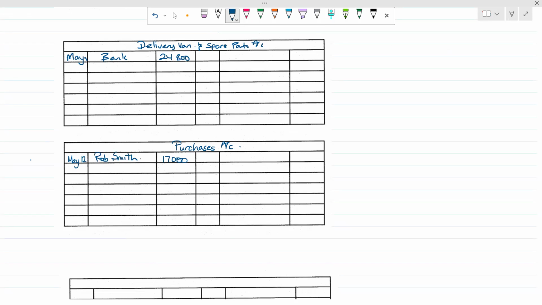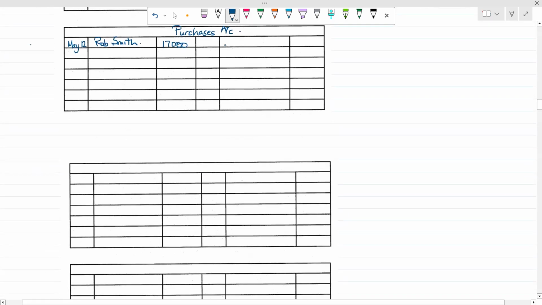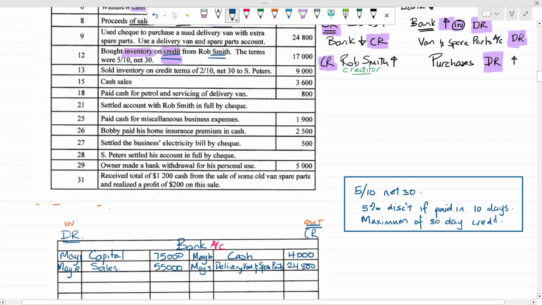Inside of this purchases account or purchases ledger, you're going to have all of your creditors, right? Now we're going to write here Rob Smith, and we'll put May 12th, and we'll write purchases, and we'll put our 17,000 in. See it? Everybody good with that?